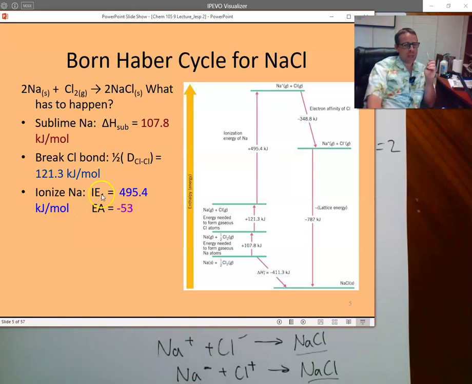Okay, so last chapter we introduced two terms, ionization energy and electron affinity, right? Ionization energy means the energy to do what? Do you remember that? Ability to ionize. Okay, that's right.